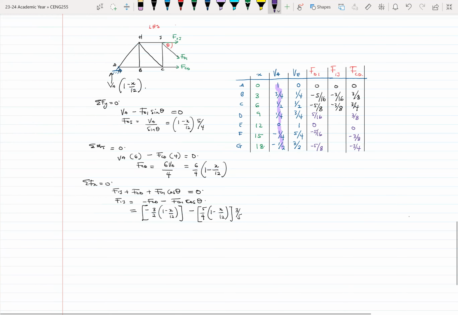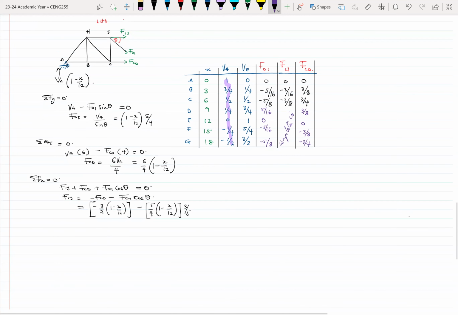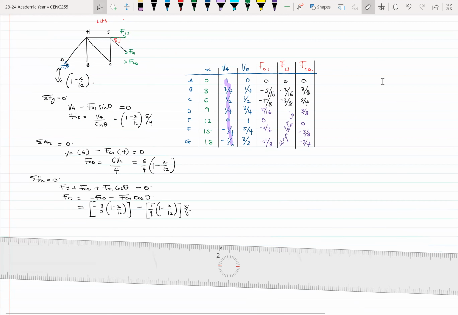All right, so let's draw the diagrams. I don't want to complete this one, so you guys should complete it. Okay, so let's draw our diagrams and see how everything looks. Where's my ruler to draw the horizontal line?